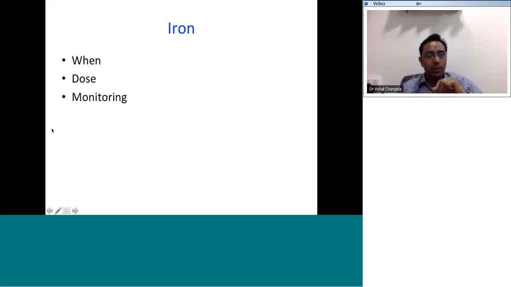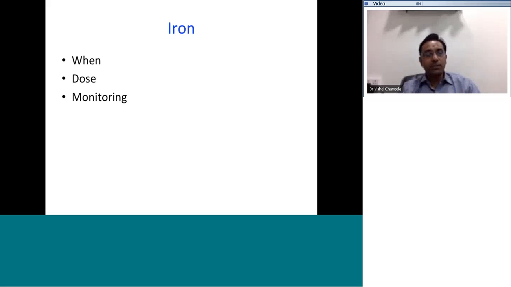Children won't have this issue of altered taste, but yes, it has GIT side effects like black stools, nausea, vomiting, constipation. Even it can cause diarrhea. Nobody has mentioned diarrhea. Constipation is commoner, but even diarrhea can occur.